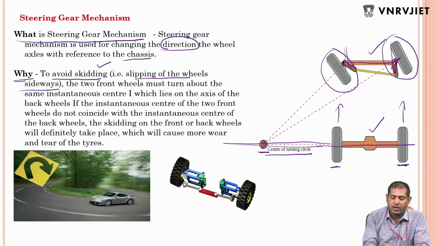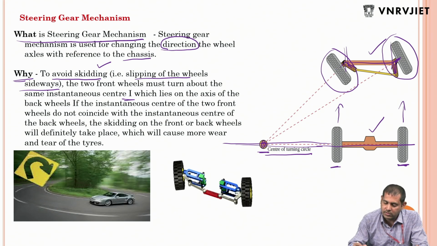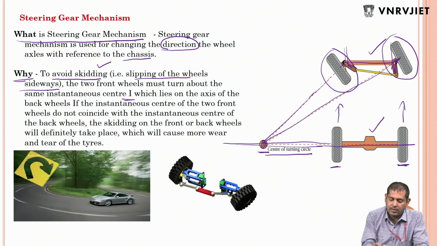For example, the two front wheels must turn about the same instantaneous center I, which lies on the axis of the back wheel.